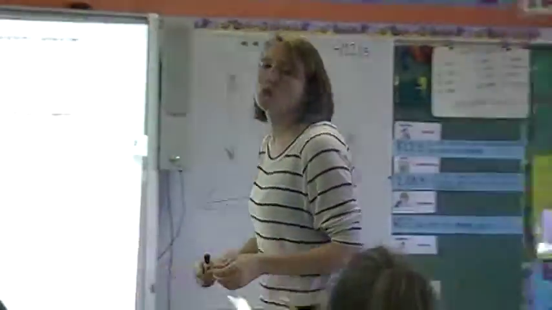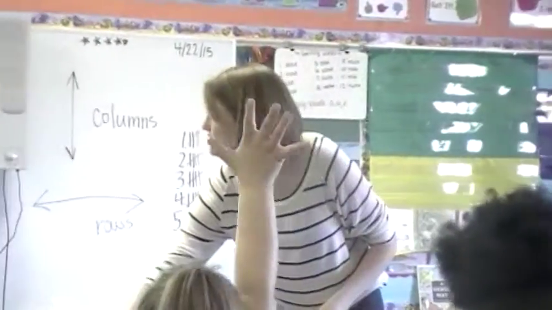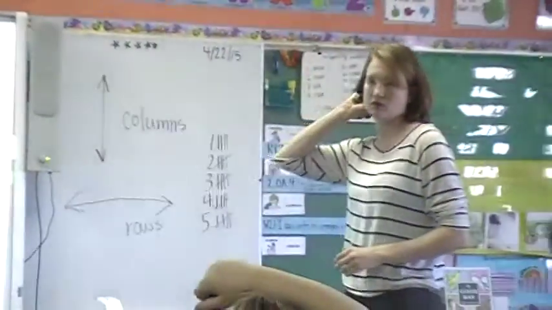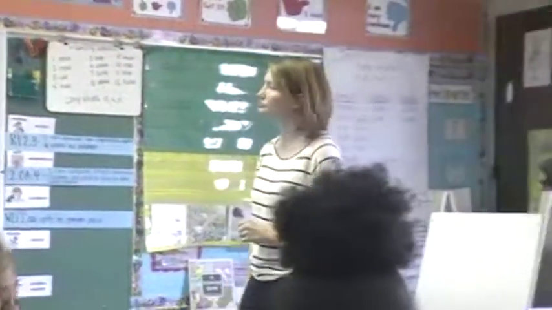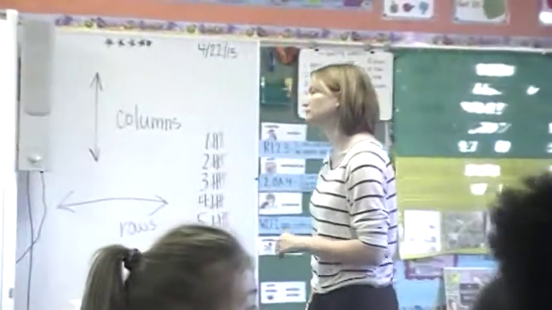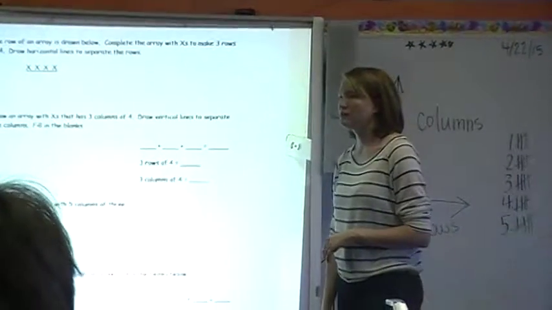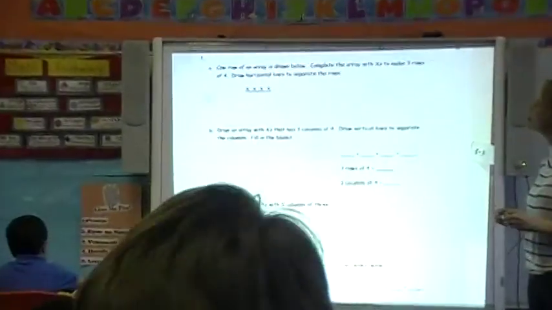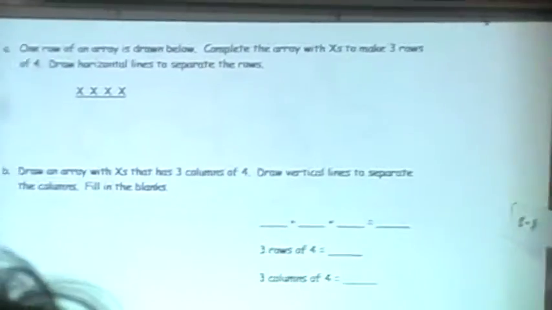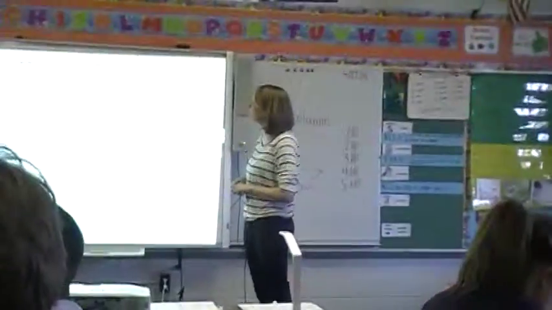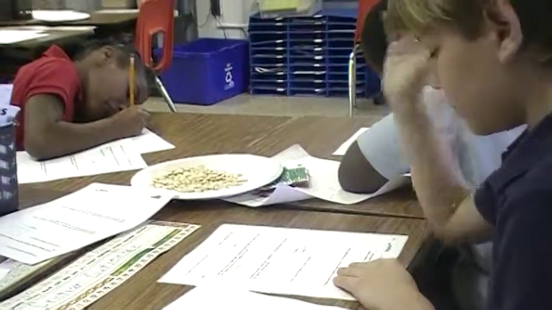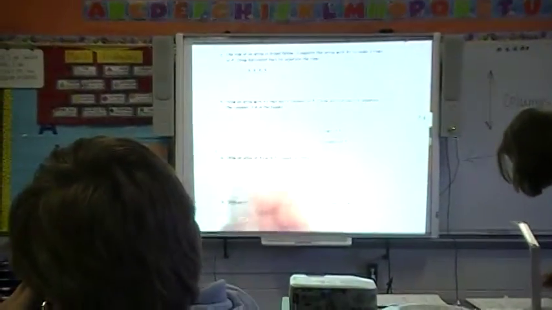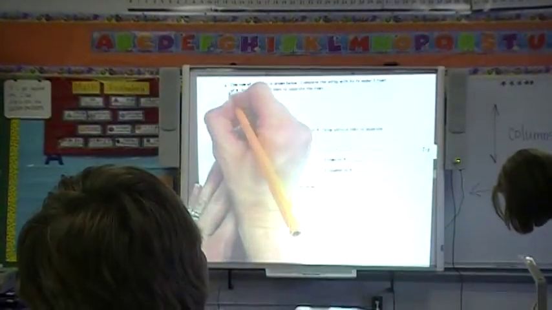All right, so what I need you to do right now, if you don't already have this in front of you, get it in front of you now. If you don't have it in front of you, she's going to get it for you. All right. Number 1 says, 1 row of an array is drawn below. Complete the array with X's to make 3 rows of 4. So it says 3 rows of 4. If you need, underline that. 3 rows of 4.